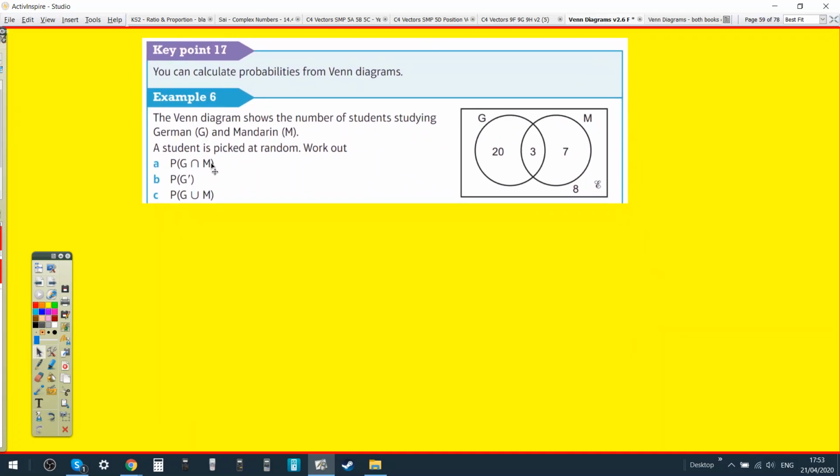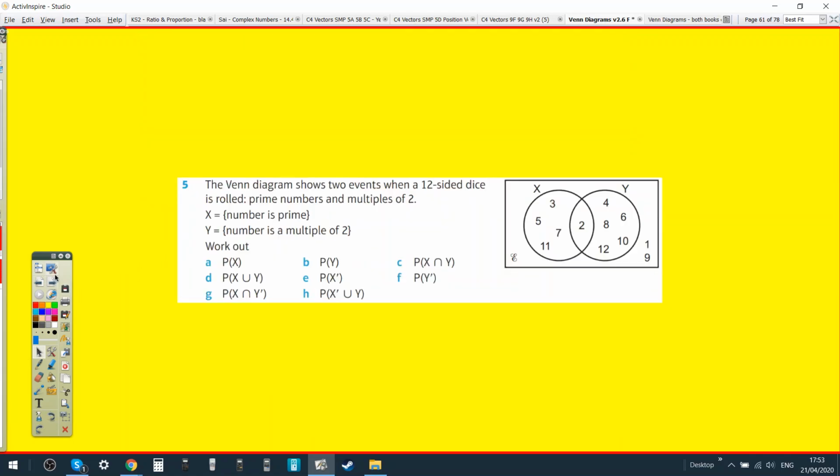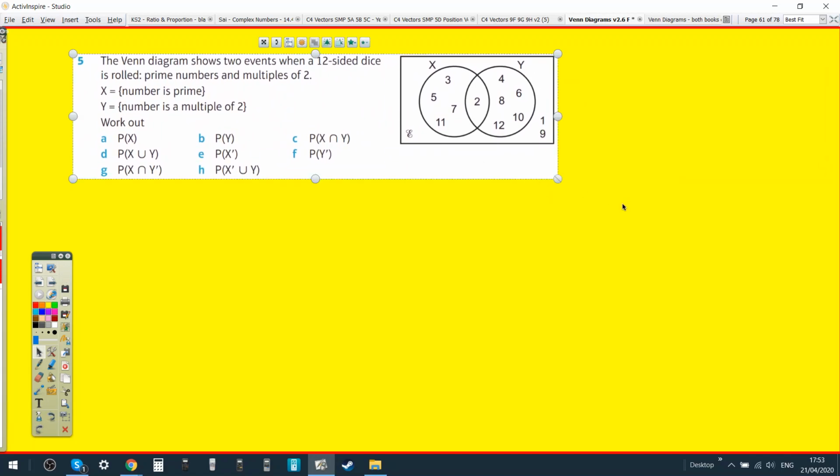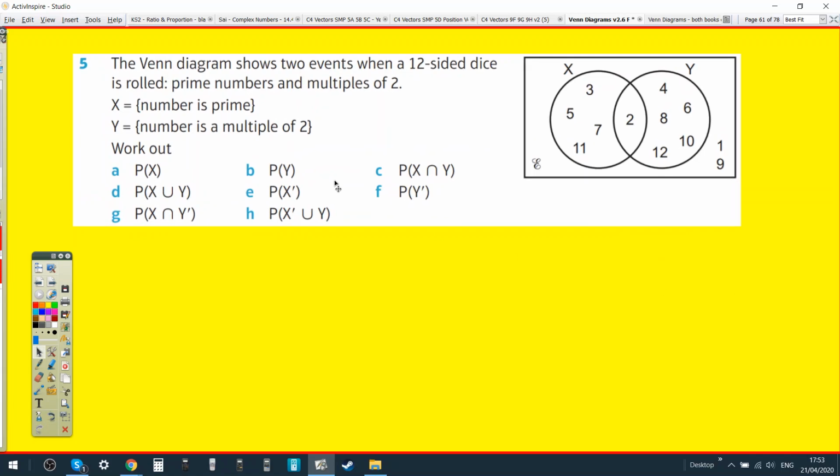Let's see this one. Probability, that's okay. So what would be question A for this one?